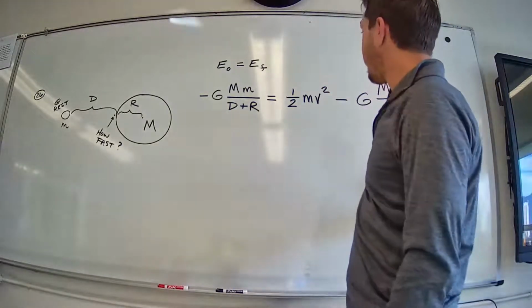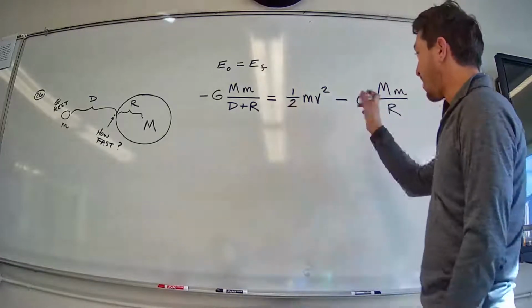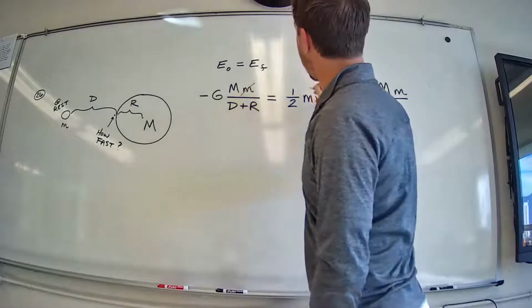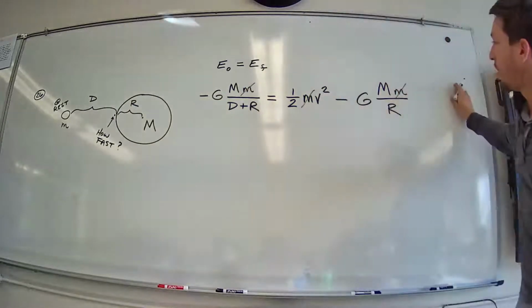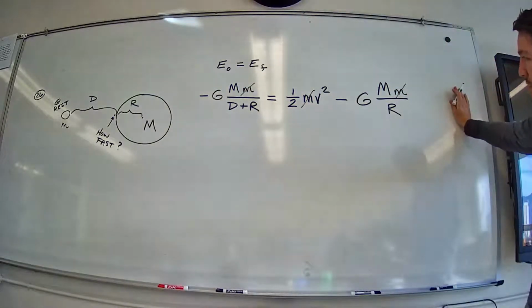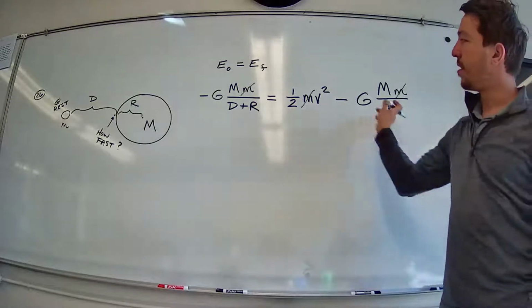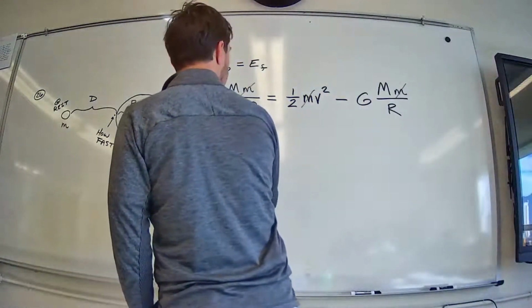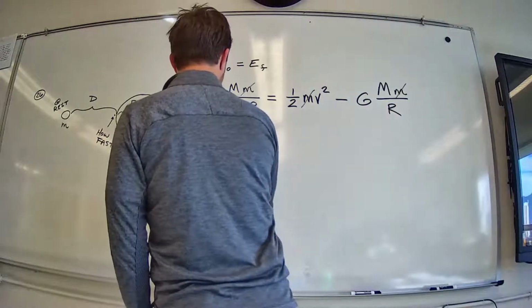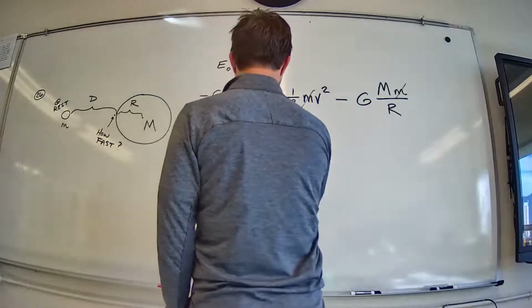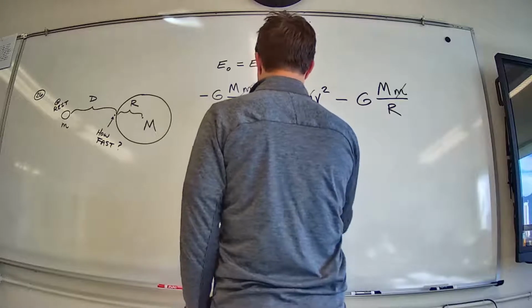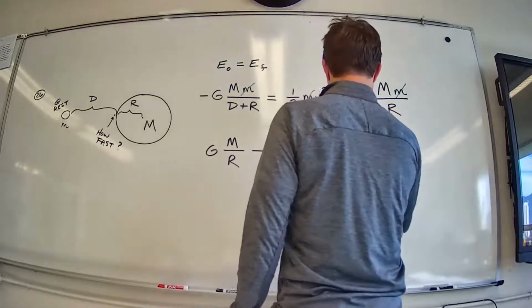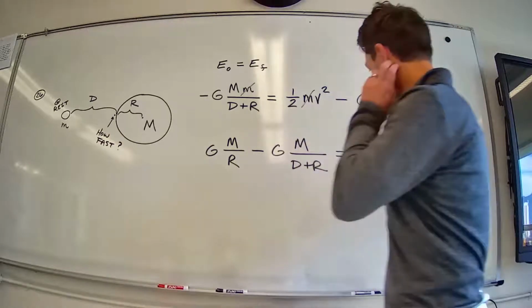Okay, so anyway, the question was how fast. So the first thing you notice, look at all the little m's. They're going to cancel out. And you're going to end up with, let's add this guy over to the left-hand side, and you have GM over R minus GM over D plus R equals 1/2 V squared.